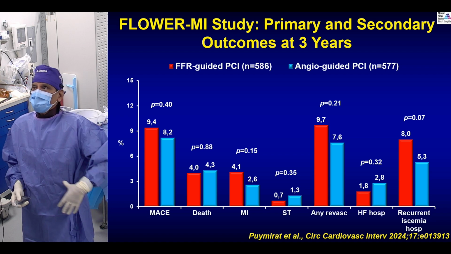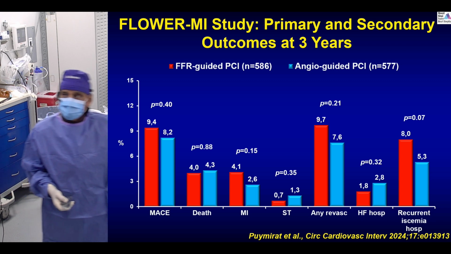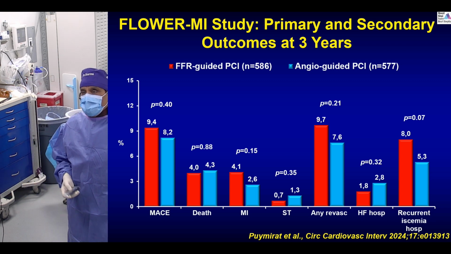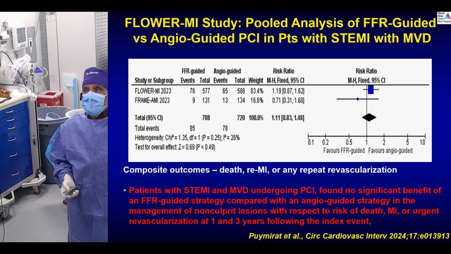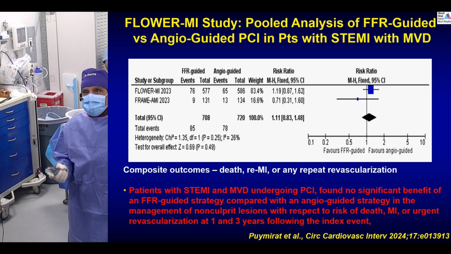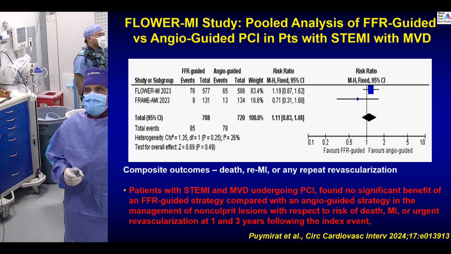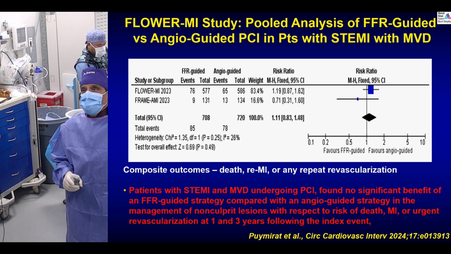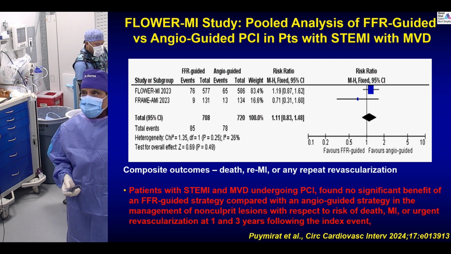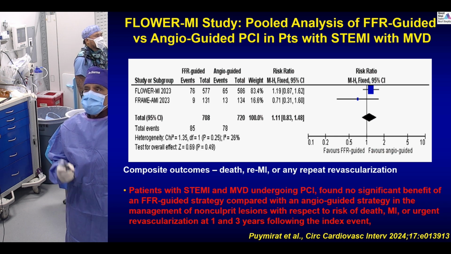So this is a p-value of 0.07 in favor of the angio-guided. So clearly, the FFR guided did not help us at all, as shown here. Now there are two trials, FLOWER-MI and FRAME-AMI. FRAME-AMI acutely was slightly better, but if you combine both of them, there is no difference in the long-term primary outcome.